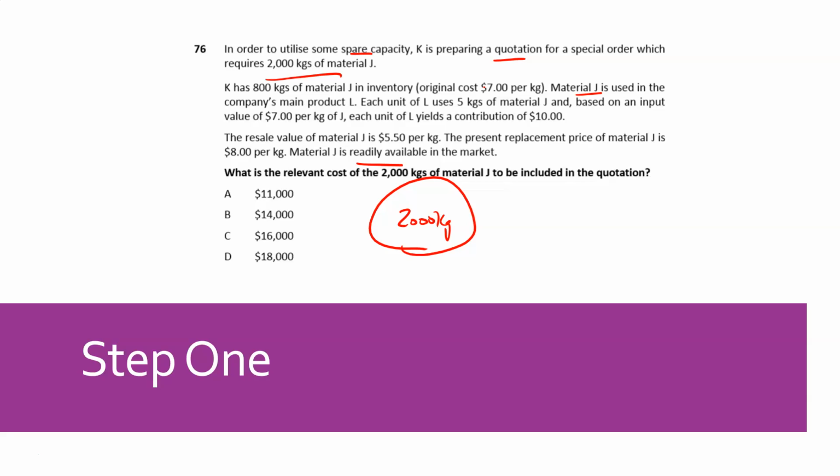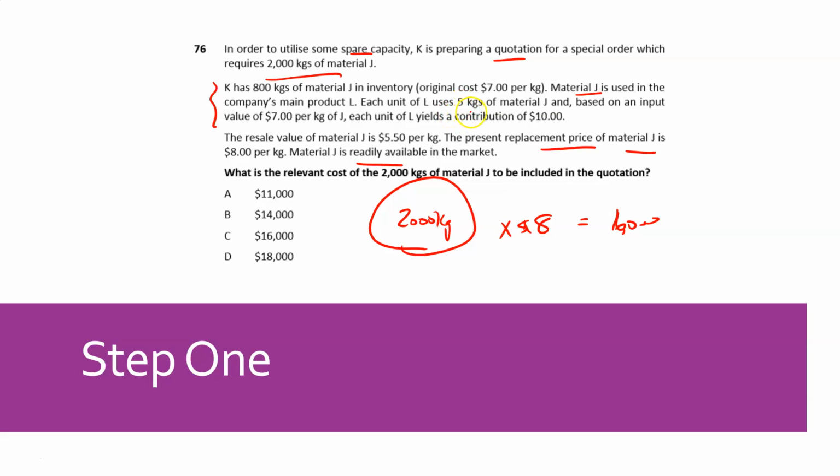So material J is used in the company's main product L. The key point here is I'm just going to have to go out there and replace any J I use. And J costs $8, so that's 16,000. You're probably wondering, oh, there was all this information just to throw you off. It doesn't matter. The key point here is they're telling you that they're using J, so you need to replace it.